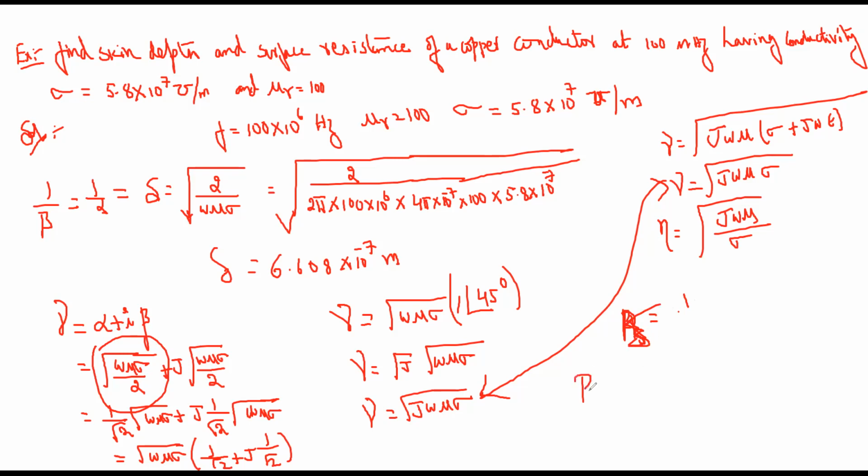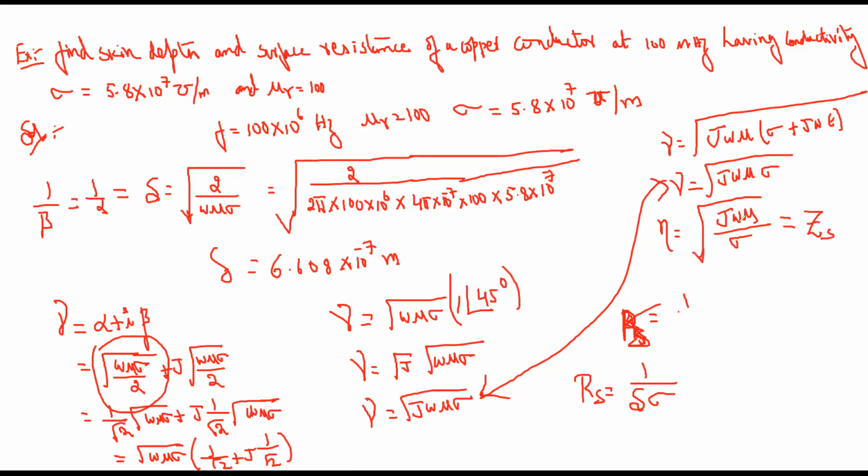I will write here: RS is equal to, the formula is 1 by, in terms of the delta into sigma. RS is equal to 1 by delta into sigma. There is a surface reactance and the surface resistance. Both are in the surface impedance. Surface impedance is nothing but eta only. Surface impedance ZS is equal to eta.